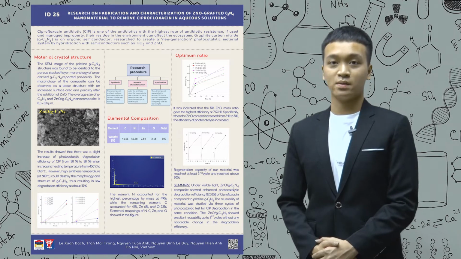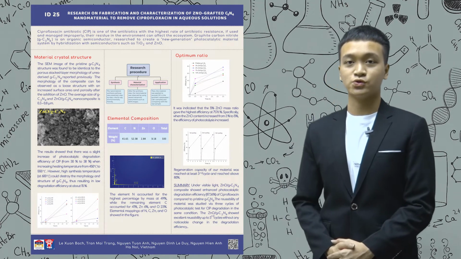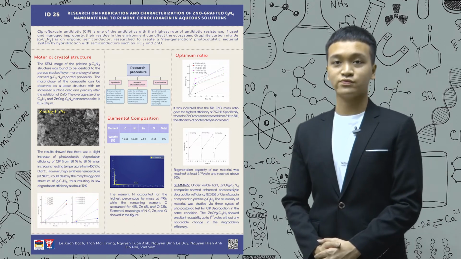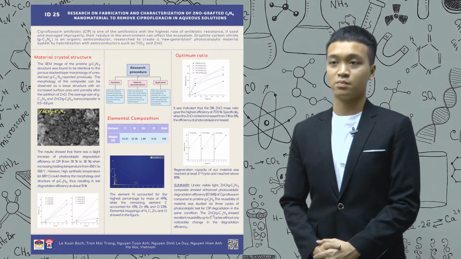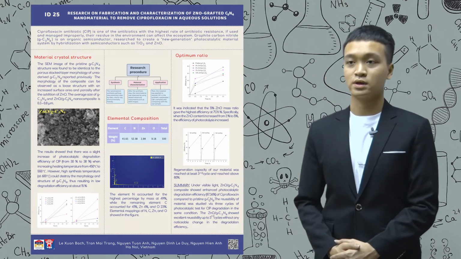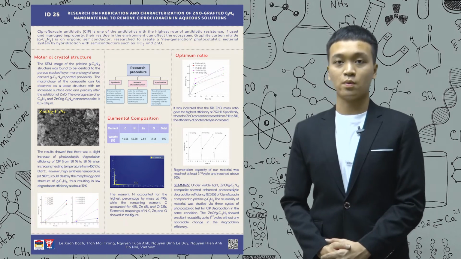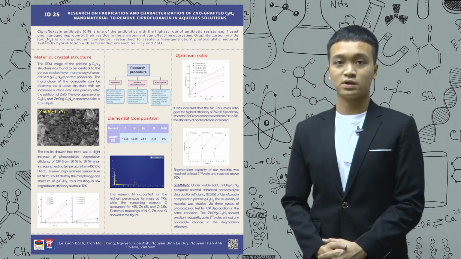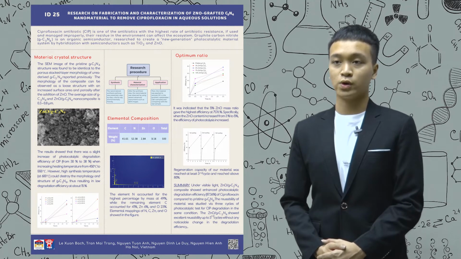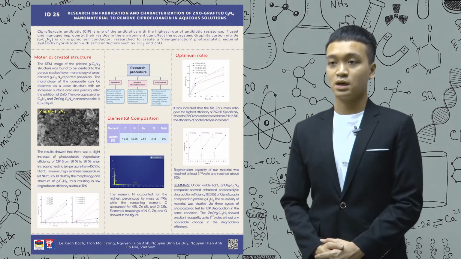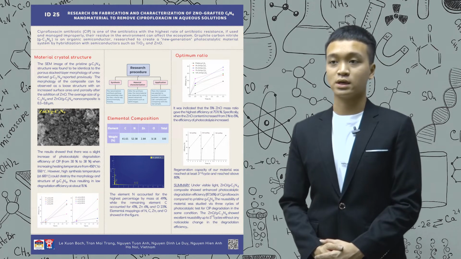The SEM image of the pristine g-C3N4 structure was found to be identical to the layered morphology of urea-derived g-C3N4 reported previously. The morphology of the composite can be observed as a loose structure with an increased surface area and porosity.